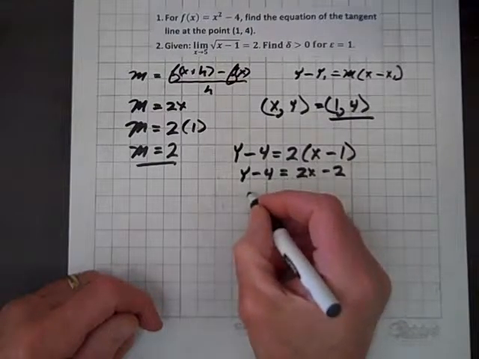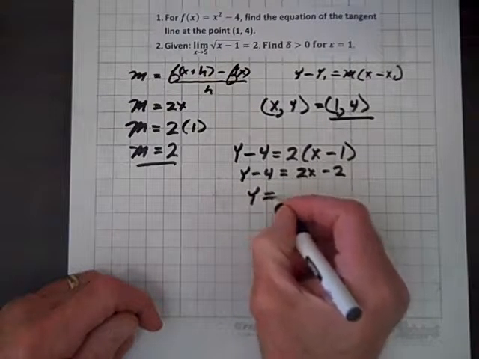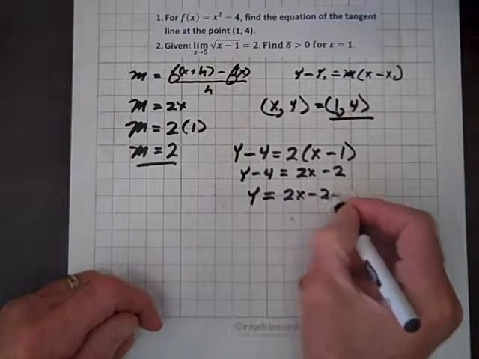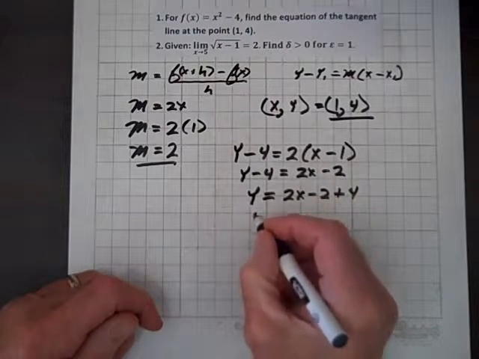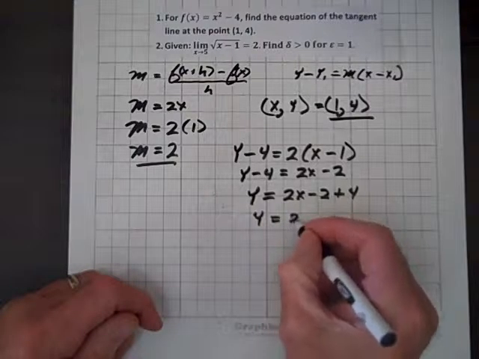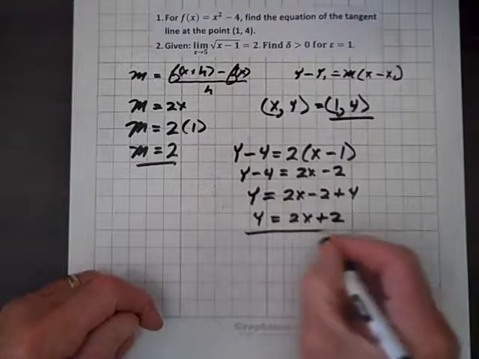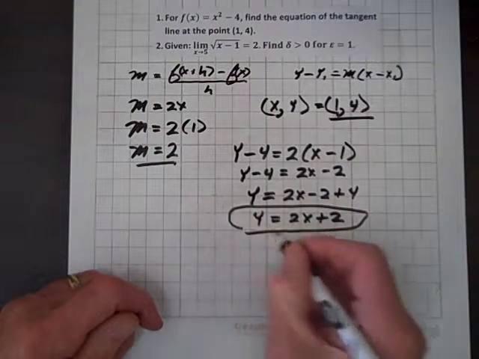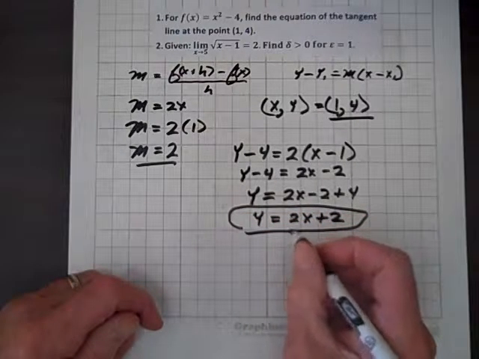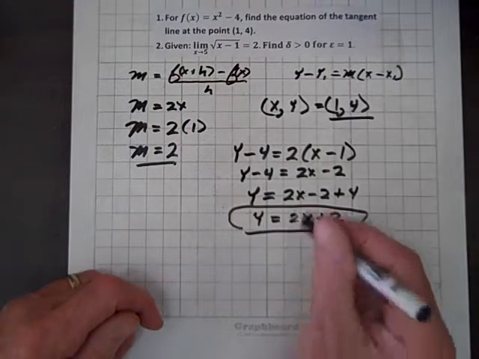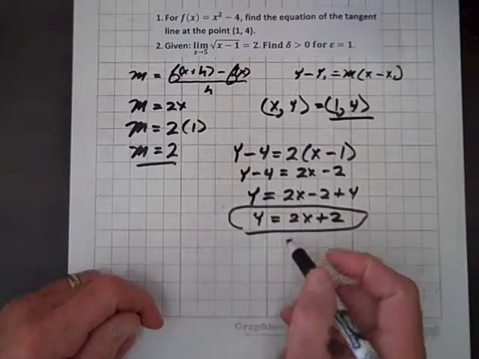Now we'll add 4 to both sides. y equals 2x minus 2 plus 4. So y equals 2x plus 2. And that is the equation of the tangent line to the curve f of x equals x squared minus 4 at the point (1, 4).